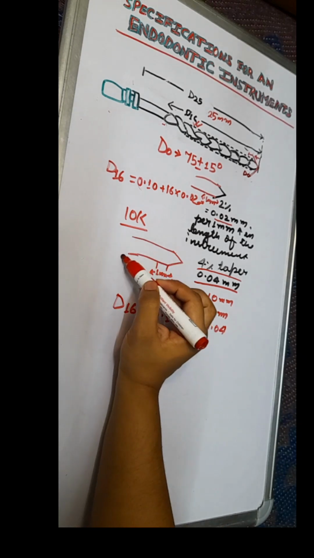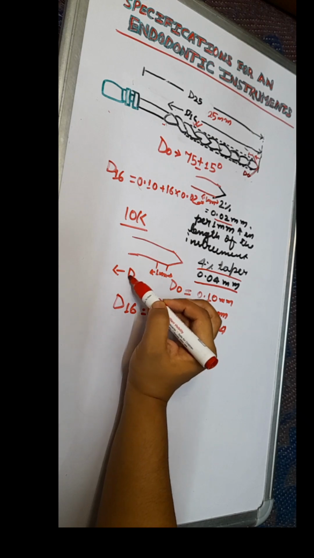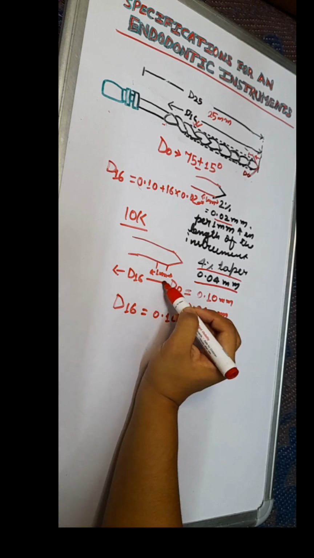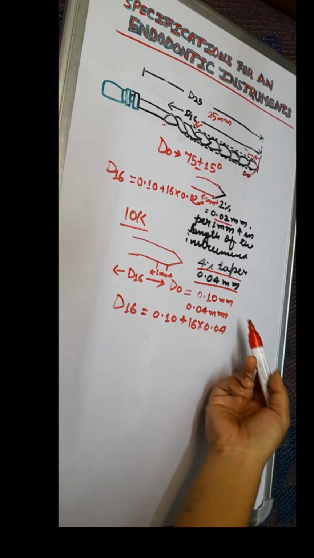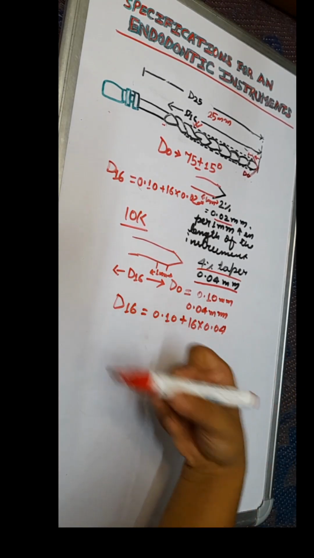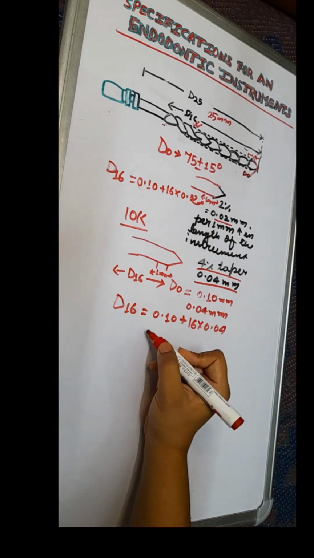So the instrument thickness at D16 would be larger with 4% taper. Likewise, when we talk about 6% taper, D16 would be more than the 4% taper.